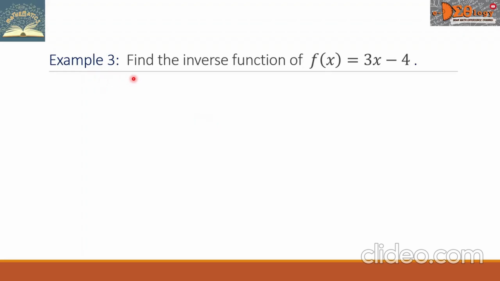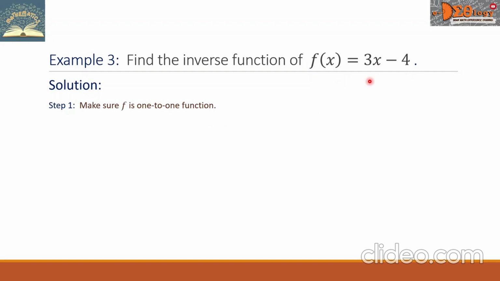Example 3. Find the inverse function of f of x equals 3x minus 4. For step 1, we make sure that this function is 1-to-1. Notice that whatever value we put for the x, there will be a unique value for the f of x.